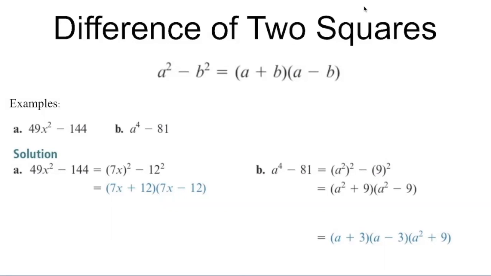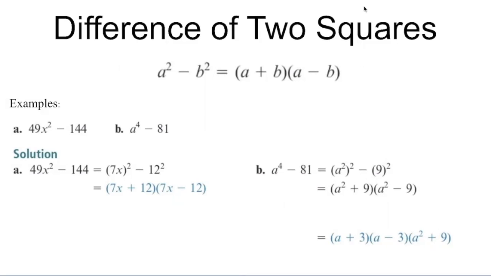Now, I talked about in my previous recording the concept of a difference of two squares when we were performing FOIL. To identify a difference of two squares, what you do need are two values that are perfect squares, separated by subtraction, hence the word difference of two squares. You've got two square numbers separated by subtraction.